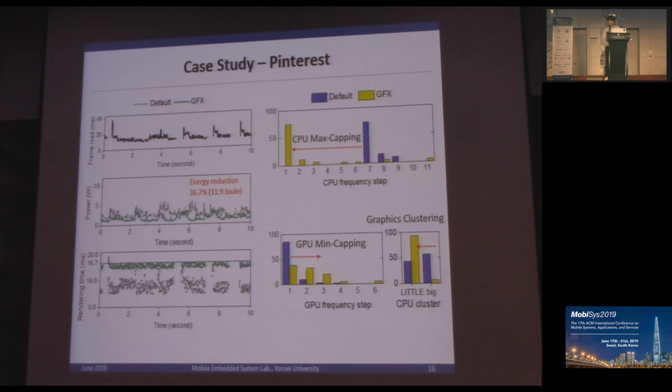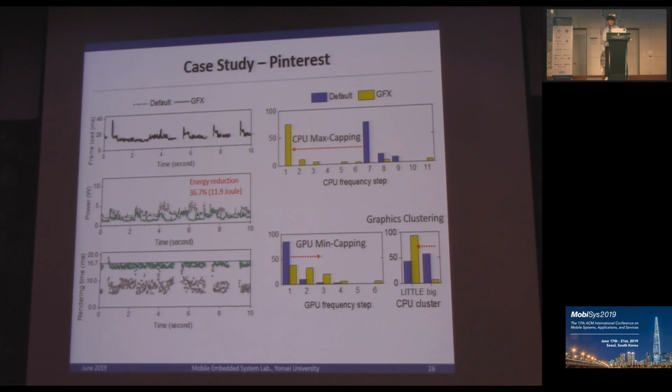And in the case of Pinterest, Pinterest has slightly lower frame load prediction accuracy than the previous case due to its somewhat dynamic frame load. Although a few frames failed to meet the deadline, most of the frames are rendered until the VSync.